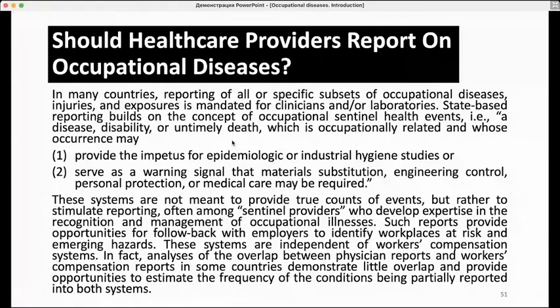These systems are independent of workers' compensation systems. In fact, analysis of the overlap between physician reports and workers' compensation reports in some countries demonstrates little overlap and provides opportunities to estimate the frequency of the conditions being partially reported into both systems.